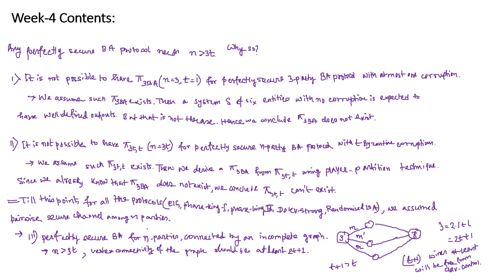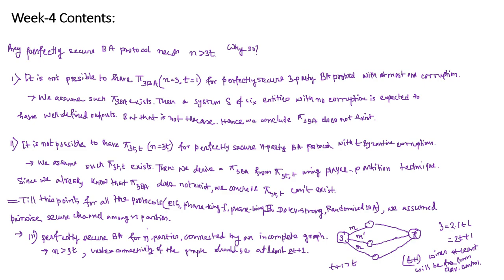So that means even if you remove k minus 1 nodes, the graph remains connected, but after removing k nodes, the graph becomes a disconnected graph. Okay, so that is what we mean by vertex connectivity.